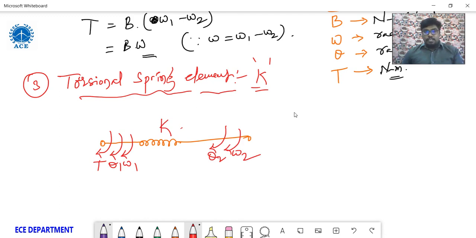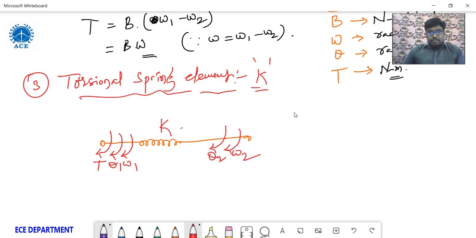Okay, this is the term, right? Here whatever the force due to the friction, whatever the force applied on a spring element, it is called spring torque, and it is directly proportional to the angular displacement.